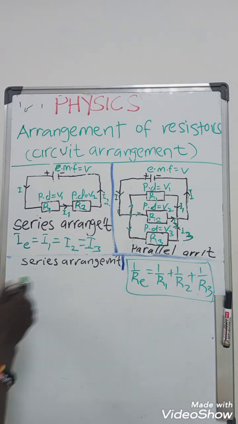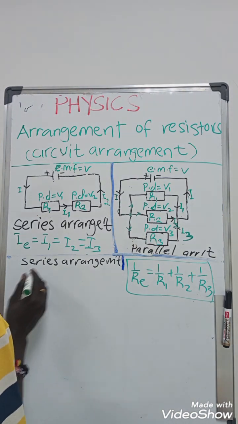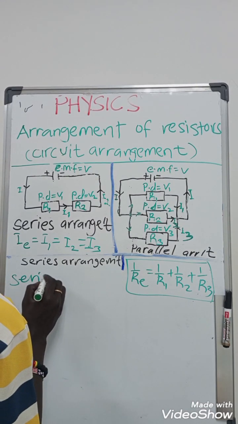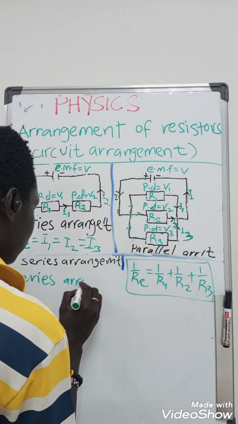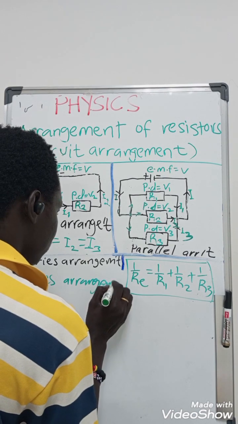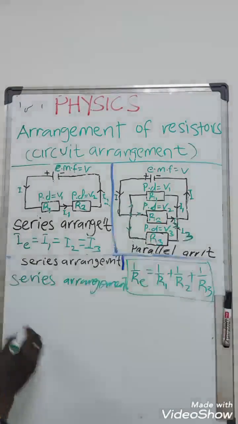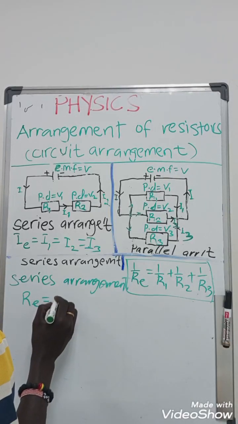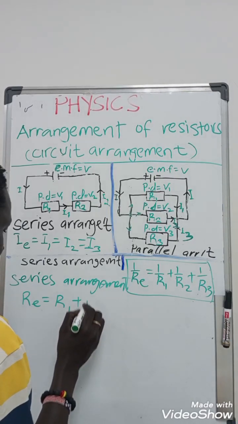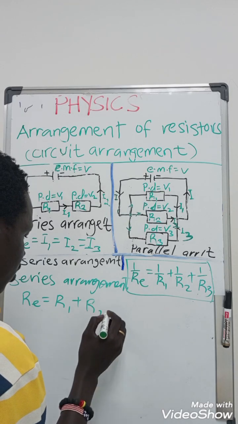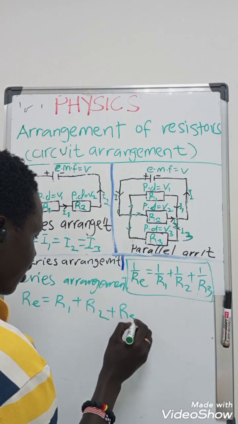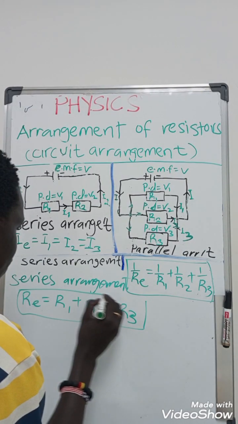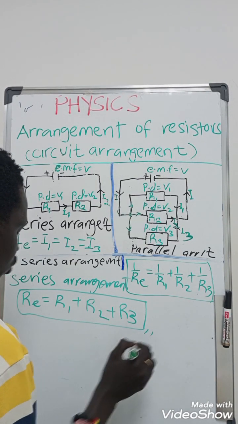From here we have our last equations for the arrangement of resistors. Let's start with series arrangement. In series arrangement, we have R_E is equal to R1 plus R2 plus R3. This is the first equation.